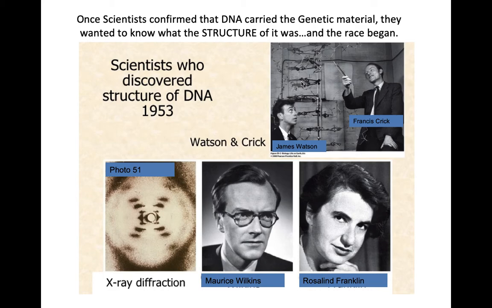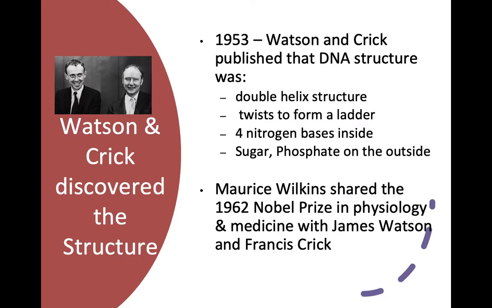They thought that the backbone, which is the phosphate sugar backbone, was in the interior of the helical model, and they thought the bases were on the outside. And they were incorrect, and it wasn't until they saw Photo 51 that they realized that the bases must be on the interior and the phosphate sugar backbone on the exterior.